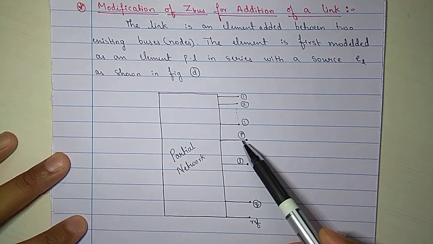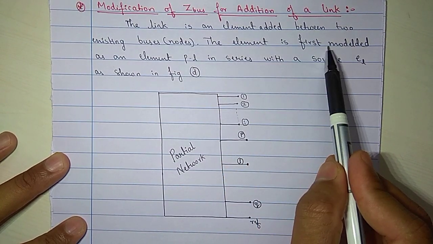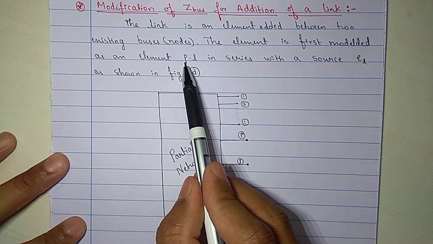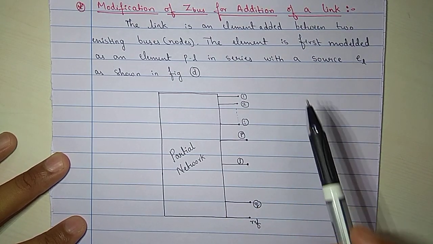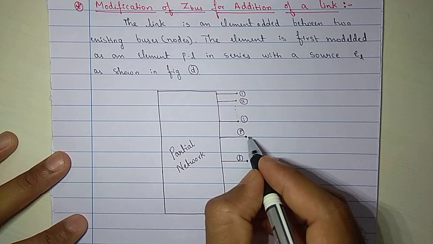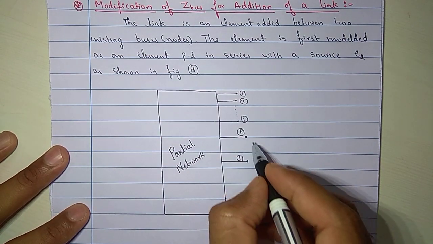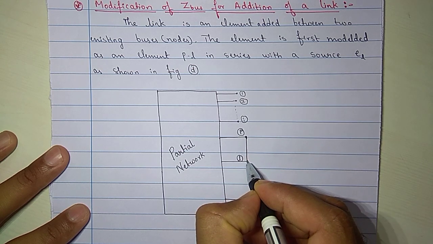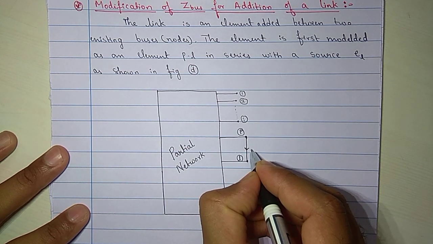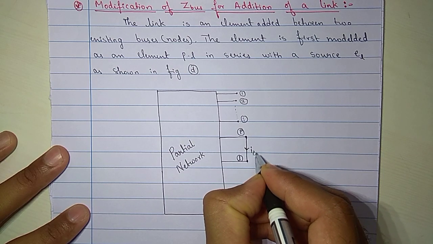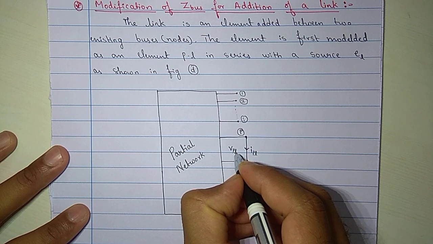Here they have said that the link is an element added between two existing nodes. It can be added anywhere between two existing nodes. The element is first modeled as an element PL in series with a source EL. So PL is an element, or this is a link, right? So I'll consider this as a link. If this is a link, the current which is flowing in this is I suffix PL, and the voltage across this is VPL.